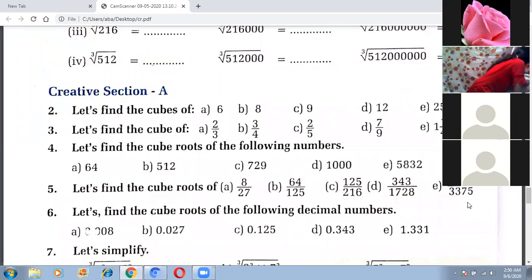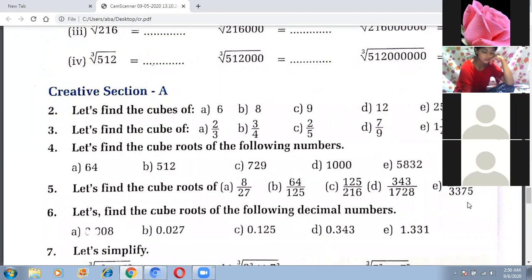Now what is the cube root of 512 upon 3375? 8 upon 15. 8 upon 15 is the cube root of 512 upon 3375. Now did you understand?